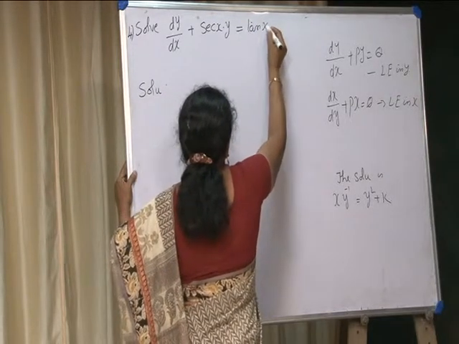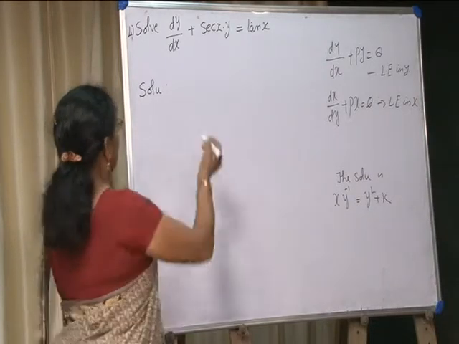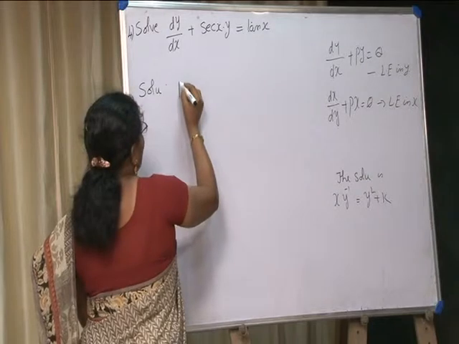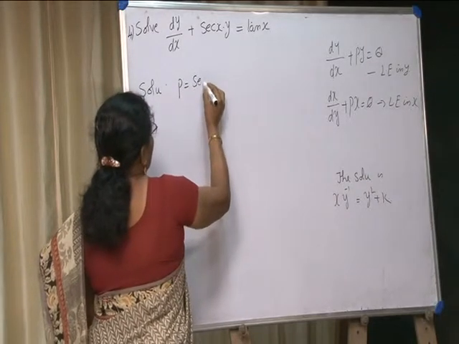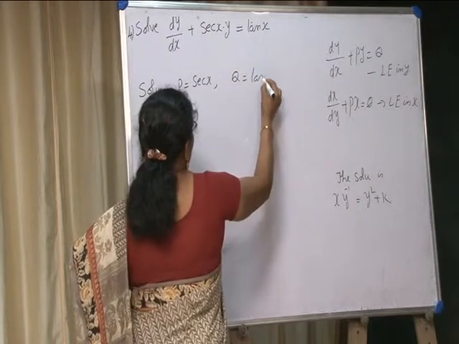This is a linear equation in y. So P is equal to secant x, Q is equal to tan x.